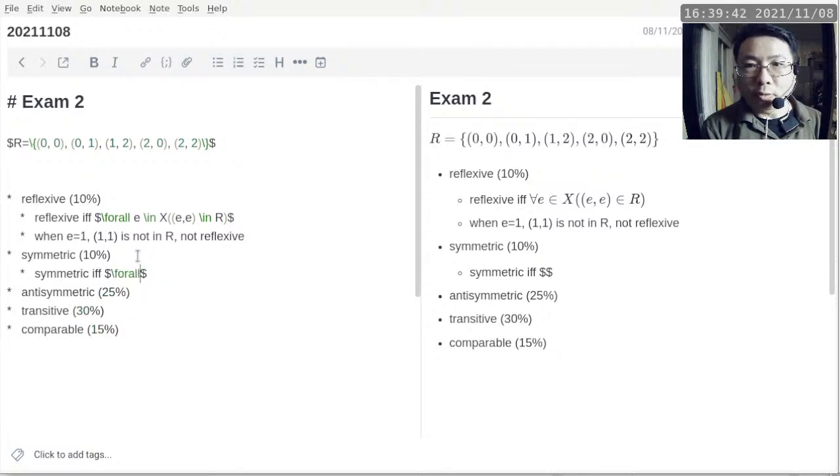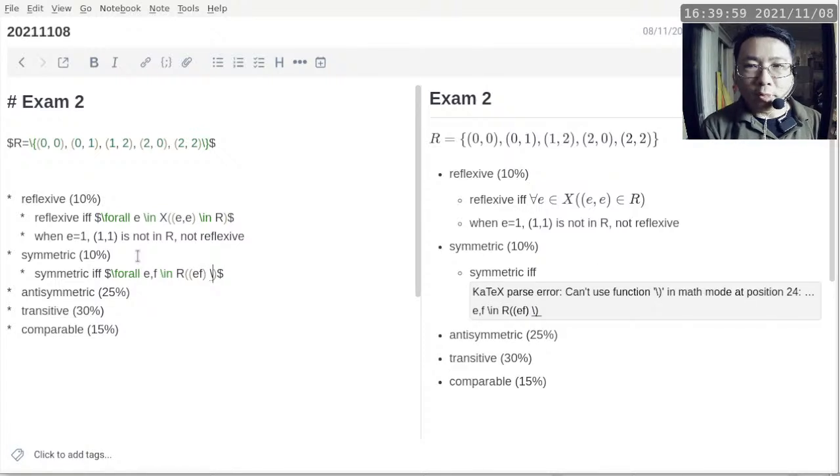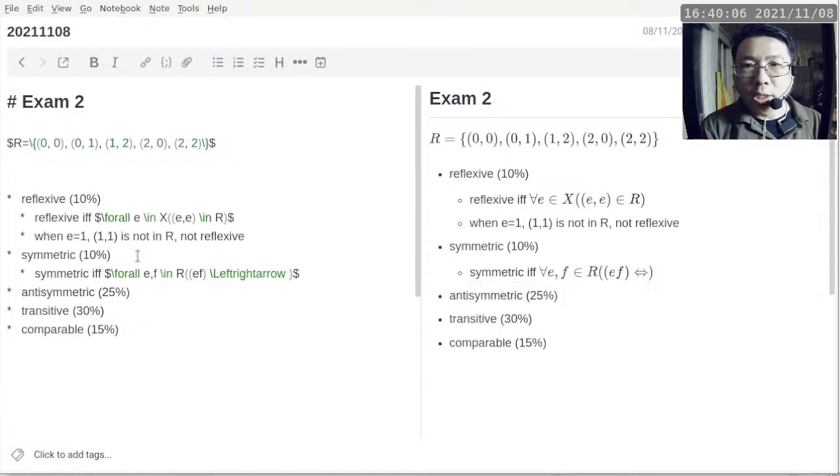So we say for all EF in R, and this time the statement that is being quantified is going to be EF if and only if. At this time I'm going to use the double-sided arrow, left-right arrow, FE. And I'm forgetting a comma in the other one. There we go.